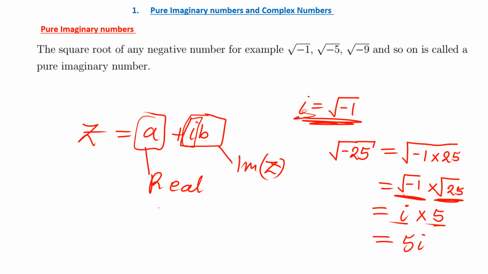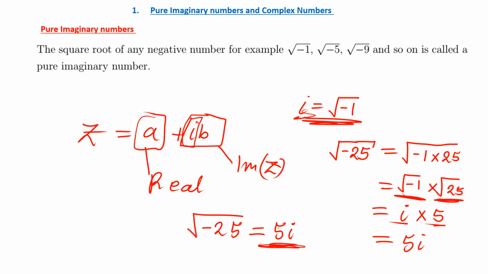So the square root of -25 is simply 5I. This is one of the importance of complex numbers. It helps you to find the square roots of negative numbers.